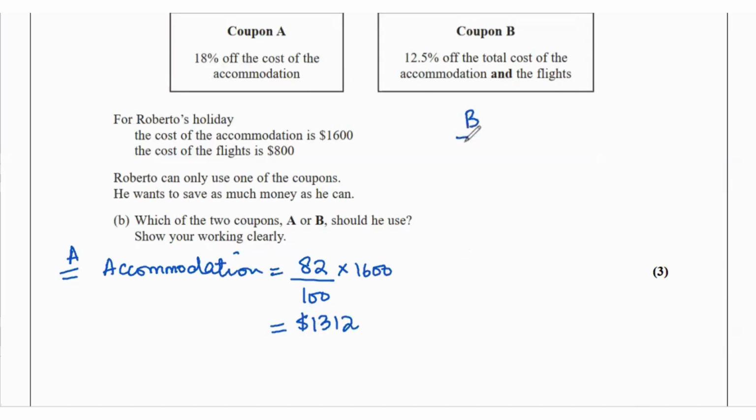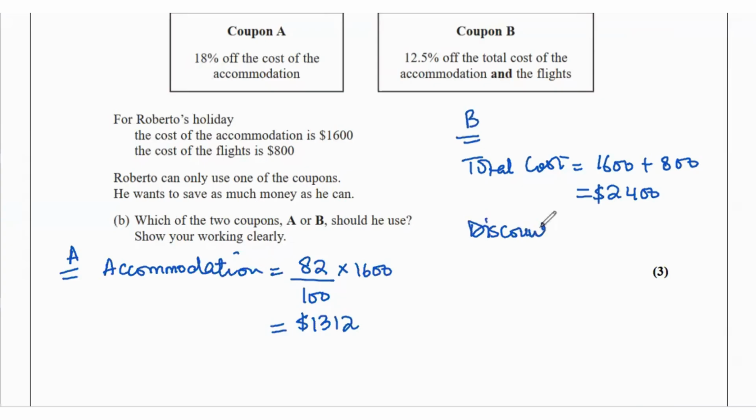Whereas in B, he is getting 12.5% off the total cost of the accommodation and the flight. So we first find the total cost. That's going to be 1,600 plus 800, which is $2,400. So now the discount price is going to be 12.5% off of 2,400.